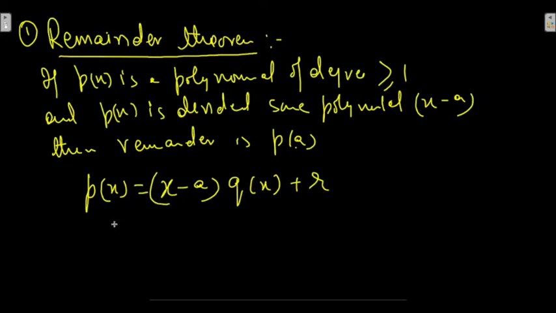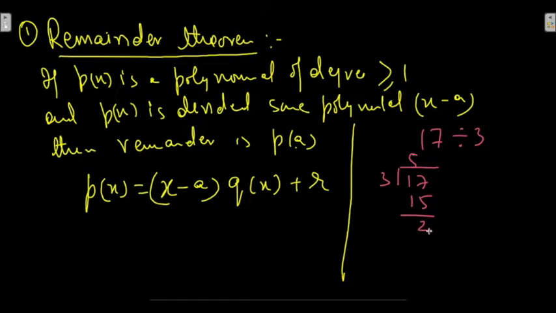Now why I have written this is, for example, you take a number, say 17, and divide 17 by 3. Now this 17 is nothing but our given polynomial, and this 3 is nothing but this x minus a. So when we divide 17 by 3, we get 3 5s are 15, and we get 2.